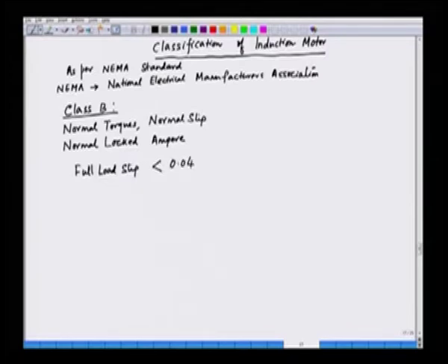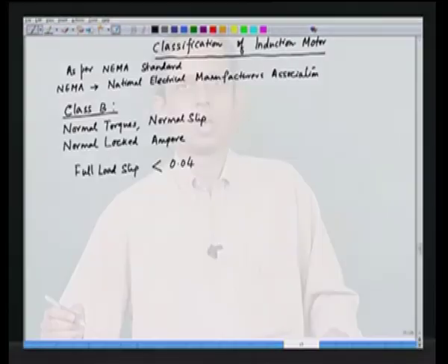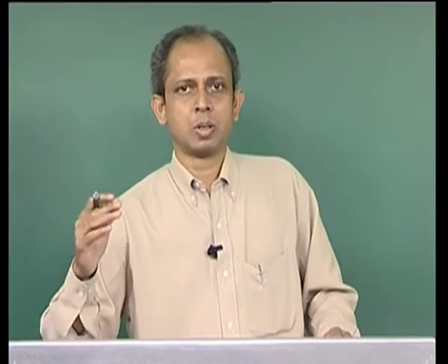So, this is basically the specification of class B motors: normal torque, normal locked ampere or the starting current, it takes normal starting current, and the full load slip is usually less than 4%.